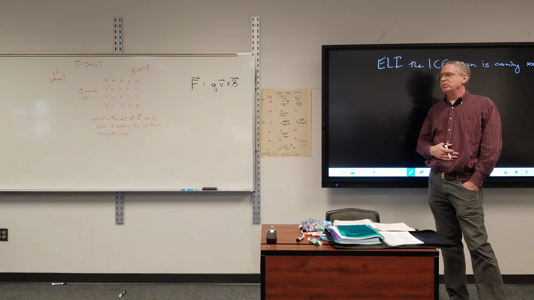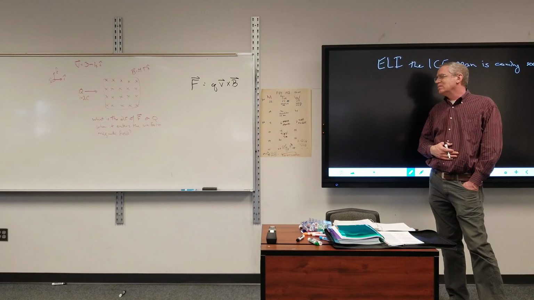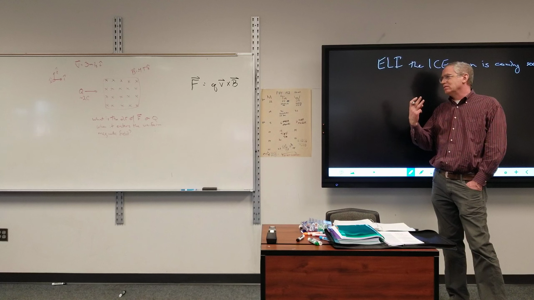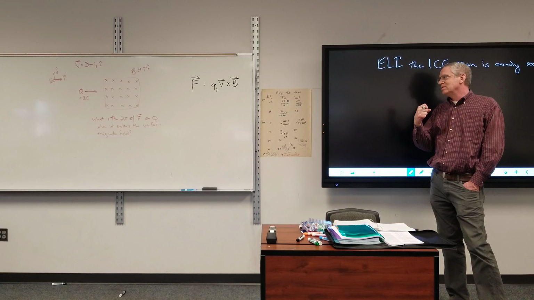Perpendicular to the other one. They're perpendicular to each other. There are 3 vectors involved here. The vector from the cross product is perpendicular to the third vector. Charge is not a vector.